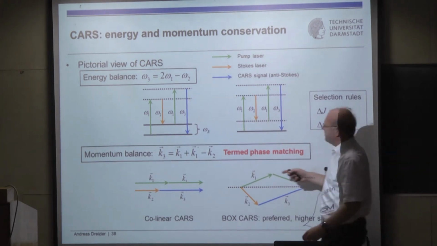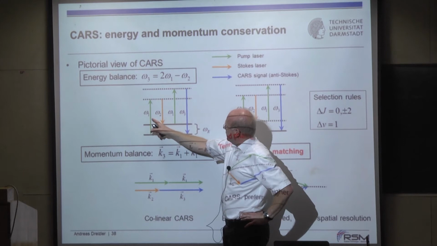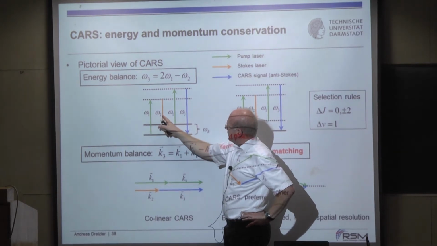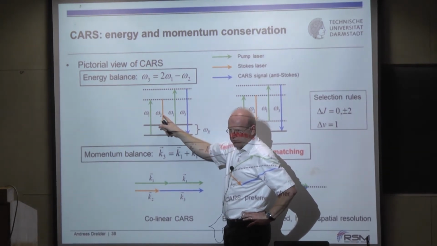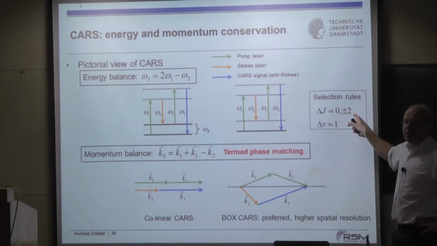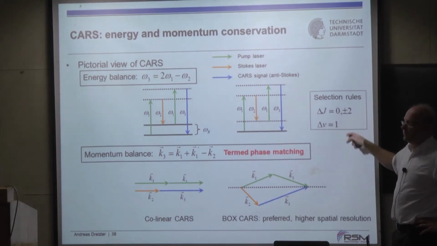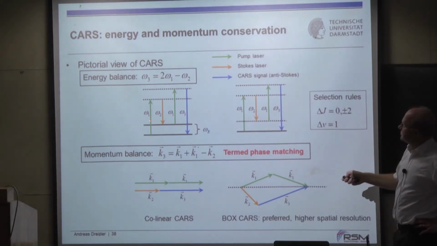Well, not sure whether I completely understand your question. However, if you have these two wavelengths or frequencies, they have to fulfill, first of all, the selection rule. Otherwise, it will not happen. No, that is given. You have this as 532. This is 532, and maybe this is N2, and then you would have here something around 607.